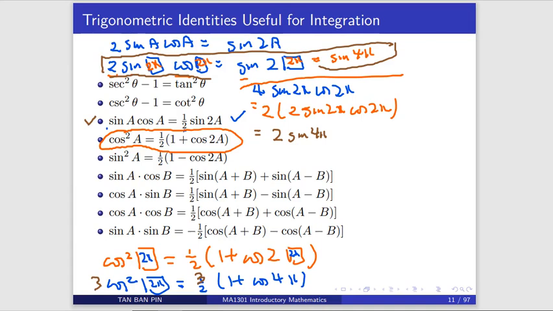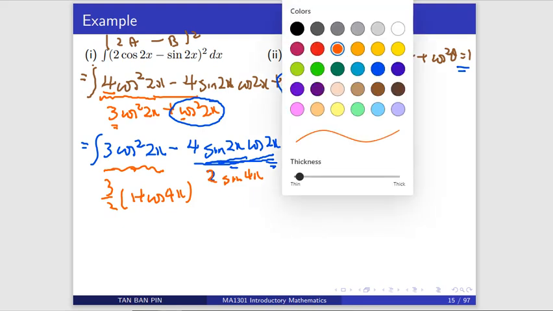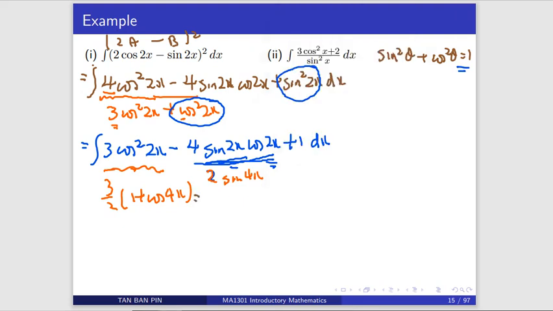So now 3 cosine square 2x can be replaced by 3 over 2 bracket 1 plus cosine 4x. Let's expand this out. It will give you 3 over 2 plus 3 over 2 cosine 4x.